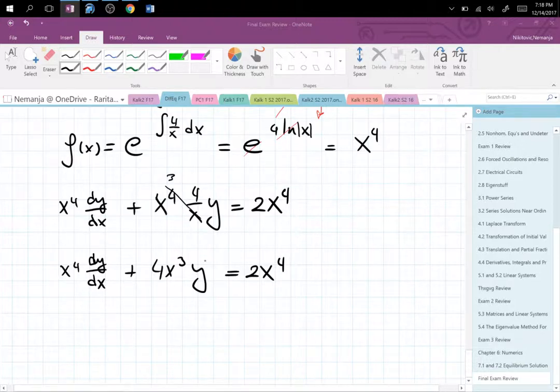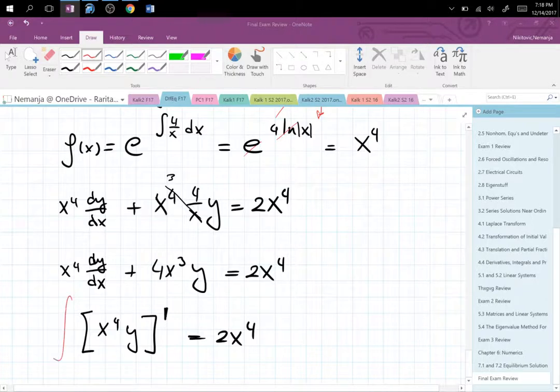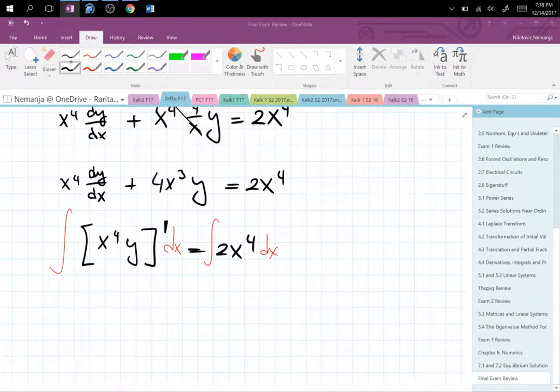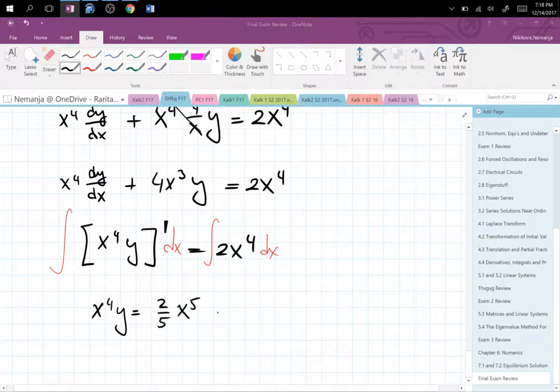So when you combine all of these things, you get x to the 4th times y prime is equal to 2x to the 4th, at which point you hit both the right hand side and the left hand side with the integral. And you will get that x to the 4th y, because the derivative cancels the integral, is on the other side 2 over 5 x to the 5 plus c.